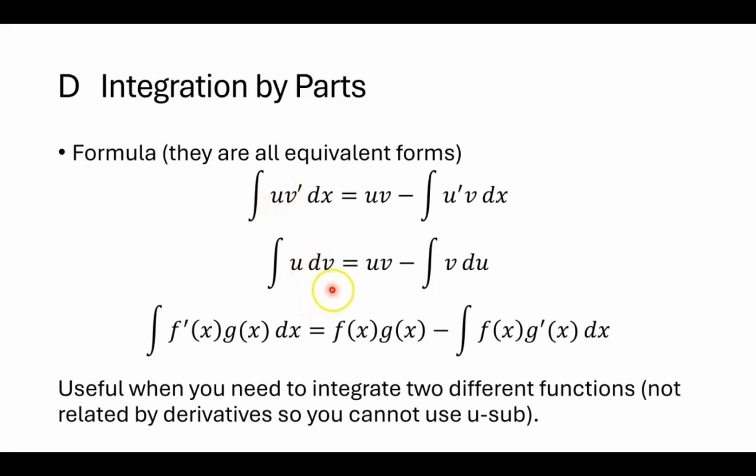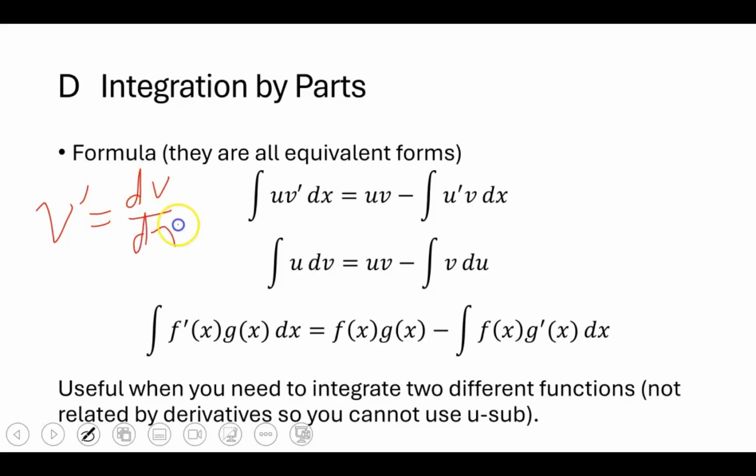And the second one here is the shorter one, and the one I'm using: the integral of u dv equals uv minus the integral of v du. So why, in this form, are they equivalent? If you have v prime in the first one, this means the derivative of v with respect to x, so you can write it as dv/dx.